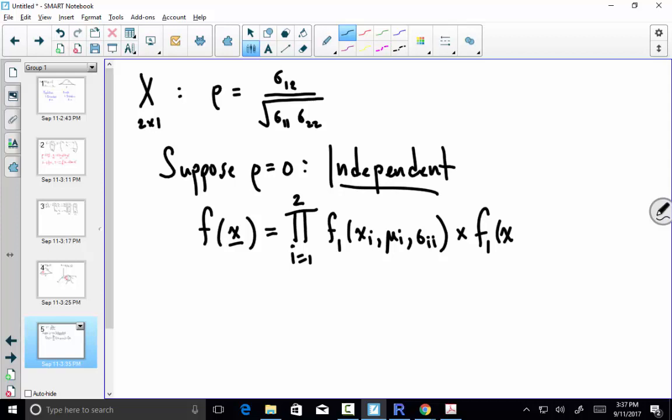Just leave it like that. So if you have independent random variables, then their distribution is just the product of their individual distributions.